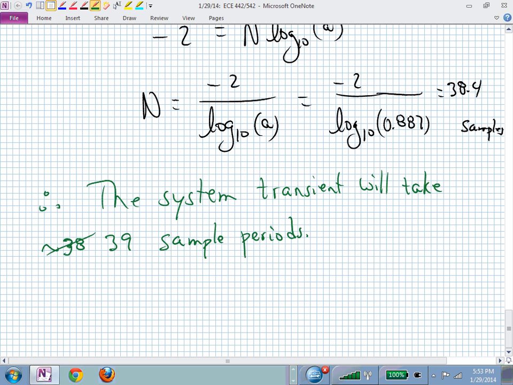Right. What was our sample period? We need 38 of those, or 39 of those, to settle. And that's how we would give them that result. We were sampling at 40 milliseconds, or 0.04 seconds.